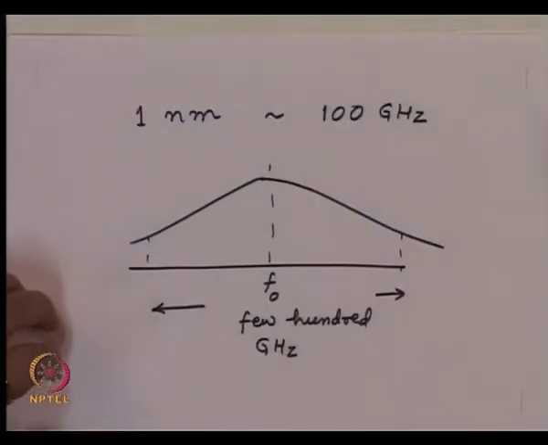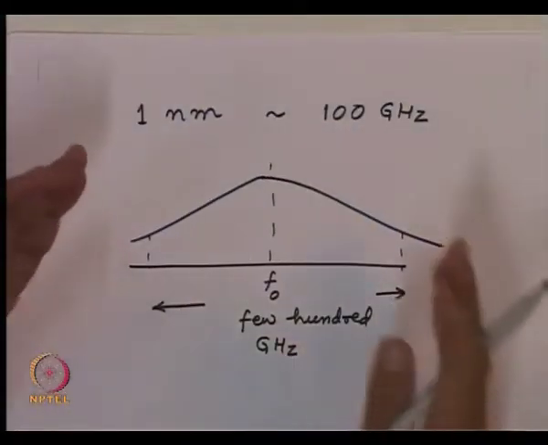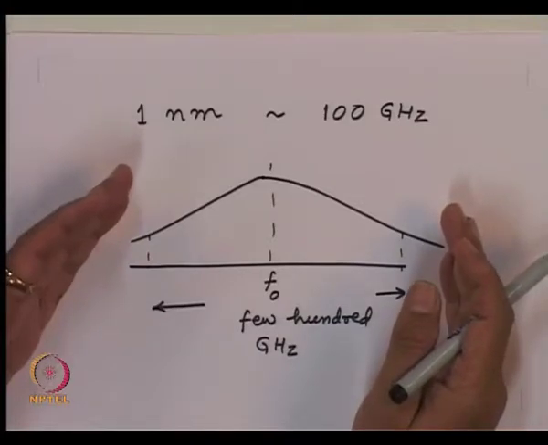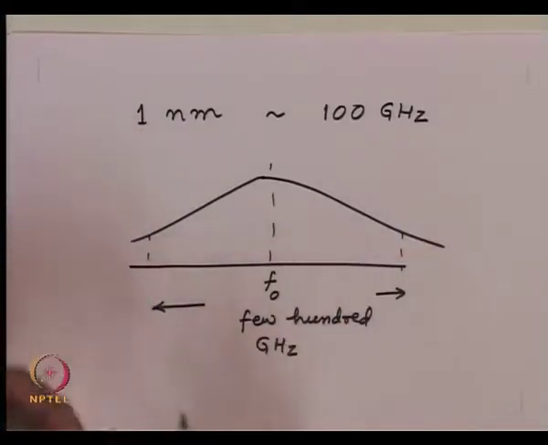So, when we go to the optical signals where the spectral width of the carrier is very, very large compared to the modulating signal, we have to now visualize this modulation process a little more in depth before we make any conclusions. And precisely this is what we will do when we meet next time.